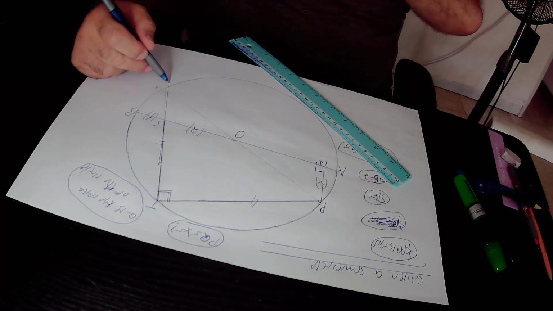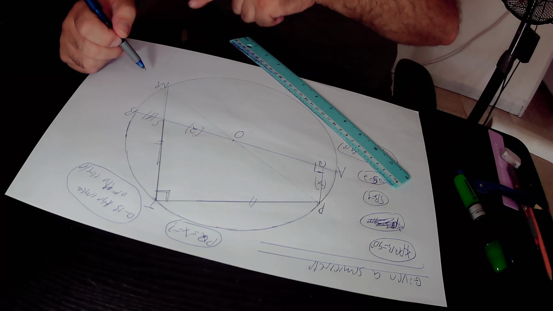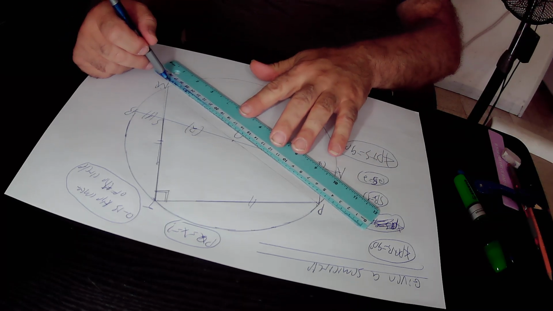This point is point M. In the next step, we join points P and M together by a straight line.